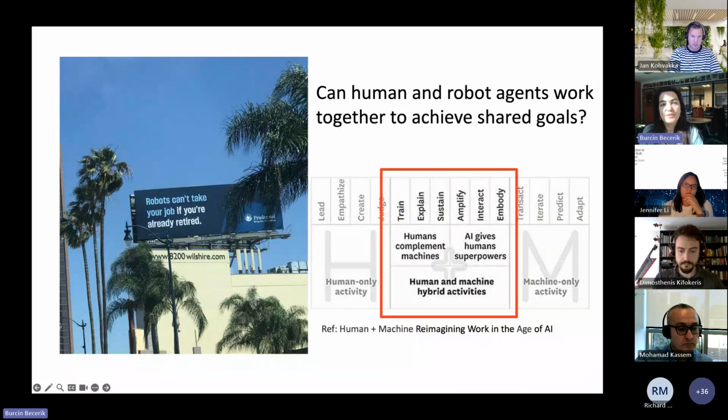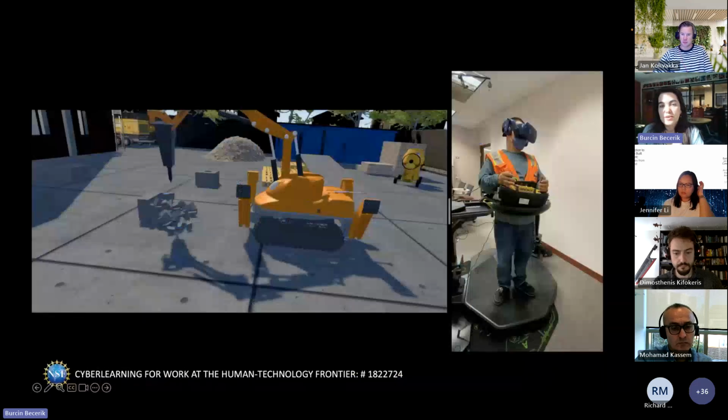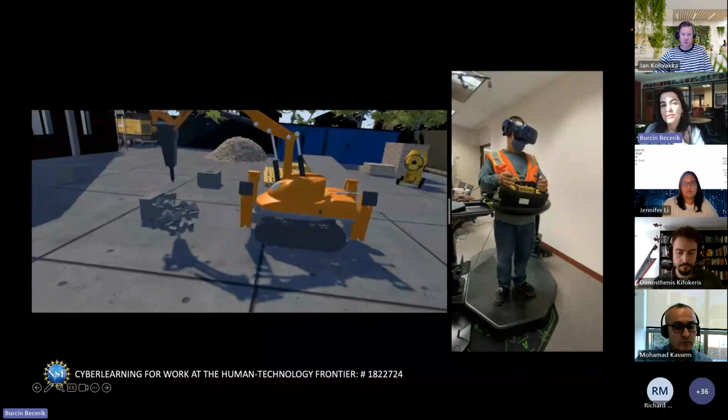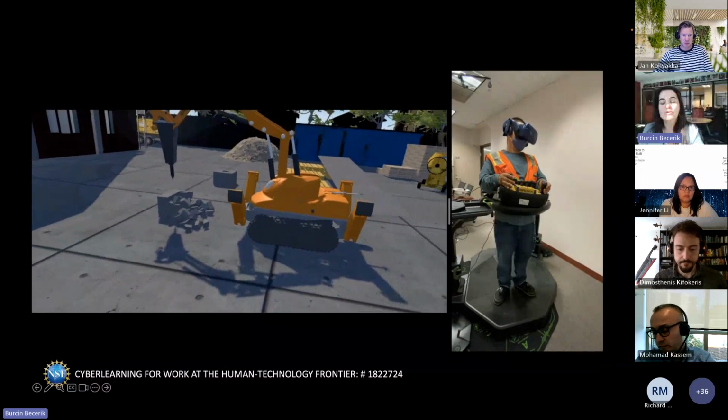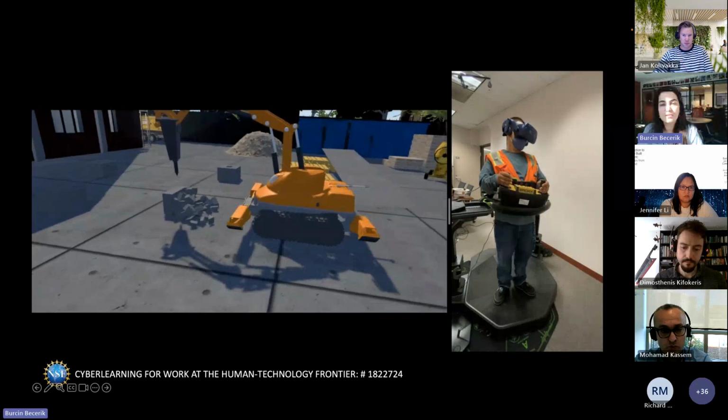Several intriguing research questions arise in this context, such as what is the relationship between level of robot autonomy and trust in automation? Who assumes the leadership within a crew? Is it the operator? Is it the worker? Or is it the robot? How does collaboration between robots and workers transform construction workflows and such? But more importantly, reskilling and upskilling construction workers is very important as we have worker shortages in the construction industry.